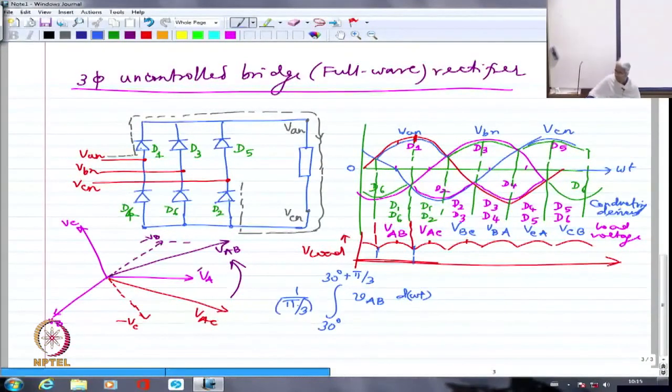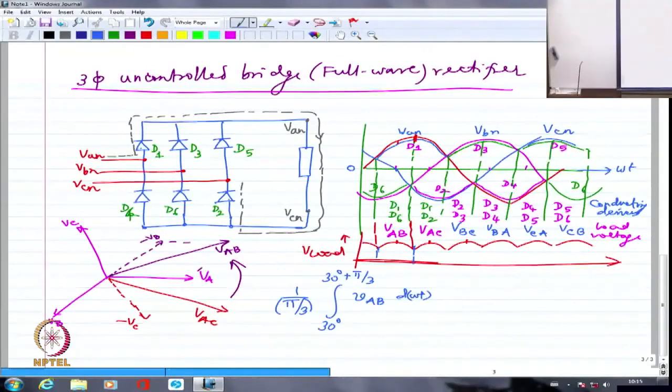If VAN zero crossing is at omega t equal to 0, how should I specify VAB? VAB is 30 degrees leading, so I should write it as Vm sine(omega t plus 30). Am I right?